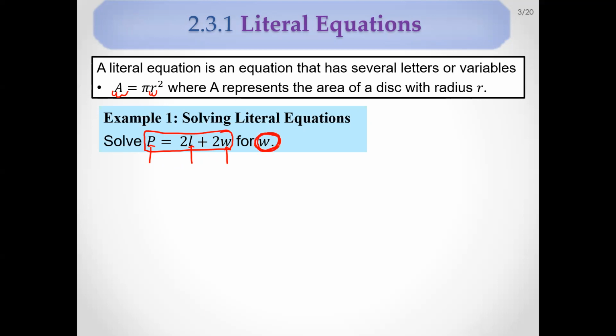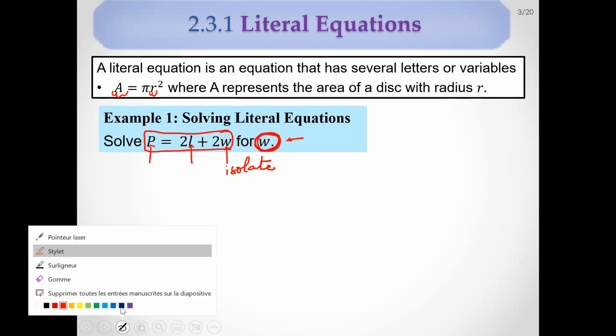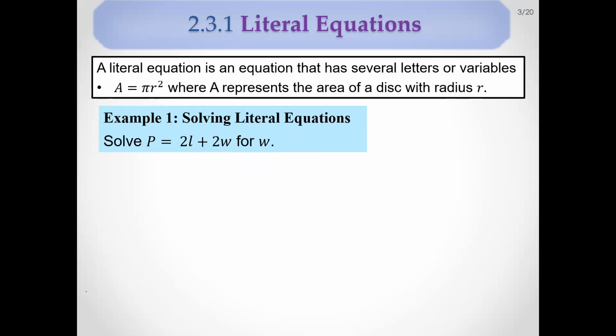So solve for w means isolate the variable w in this equation and collect p and l on the other side. This is the idea of how to isolate the variable w, which we are interested in.